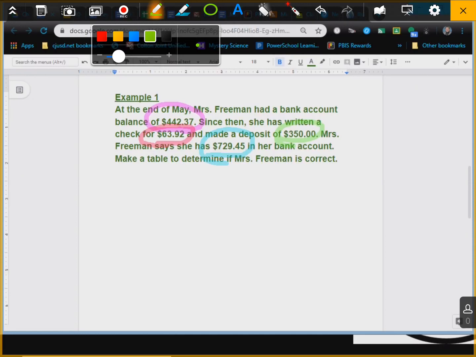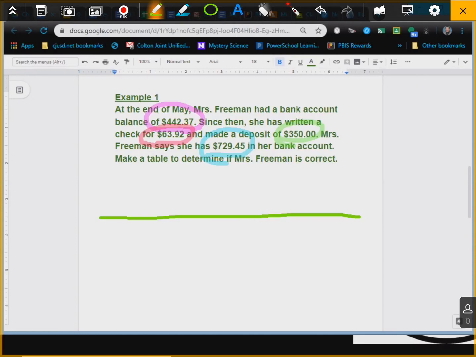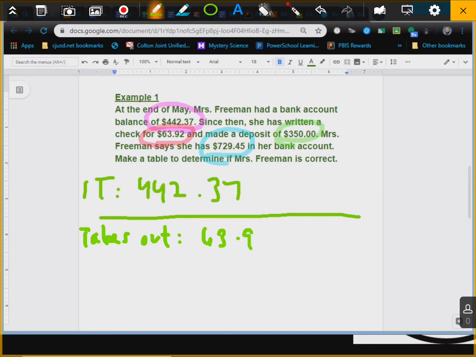So, we're going to make a table. Okay, this is going to be the initial total. I'm just going to call it IT, and that's $442.37. Okay, how much she takes out, and that's going to be $63.92. How much she deposits, and that's $350.